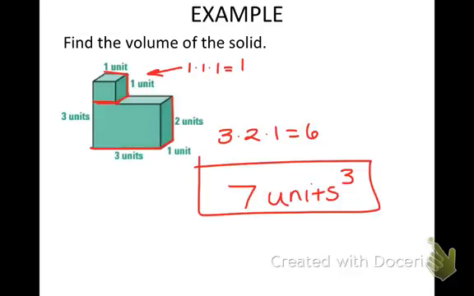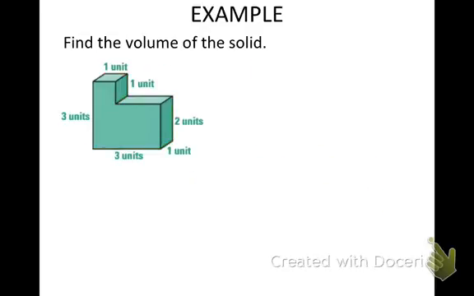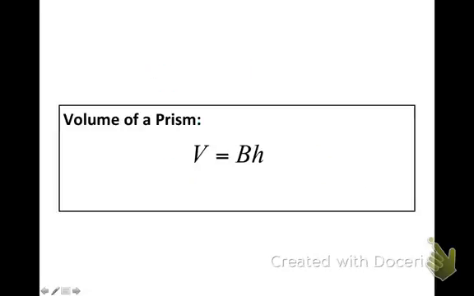So we can find volume by doing that, but what if our prism isn't just a simple rectangular prism? What if it's a triangular prism? What if it's a trapezoidal prism? What if it's a hexagonal prism? So for our volume of a prism, what does capital B stand for again?